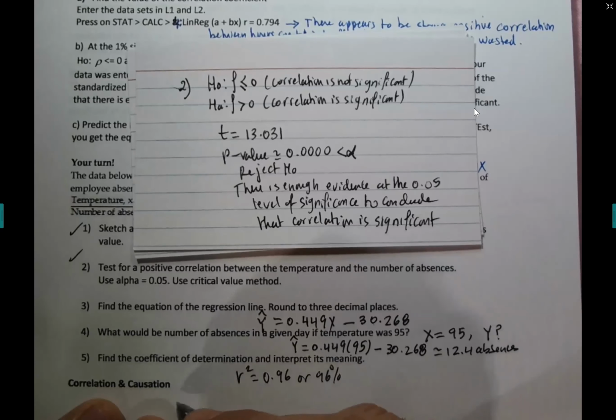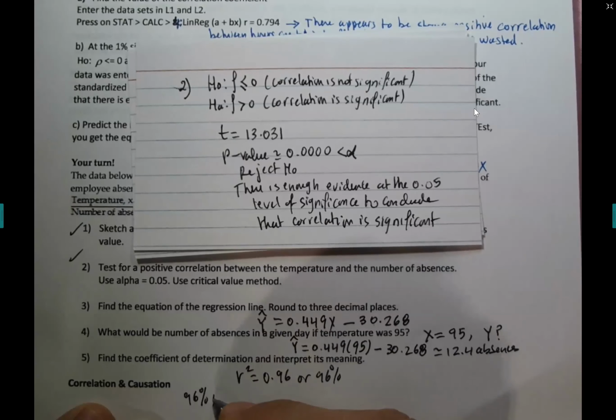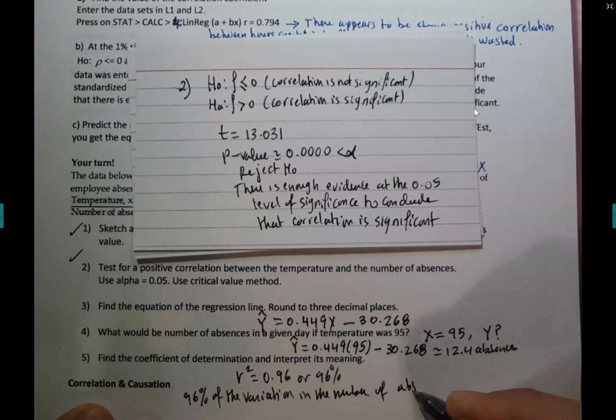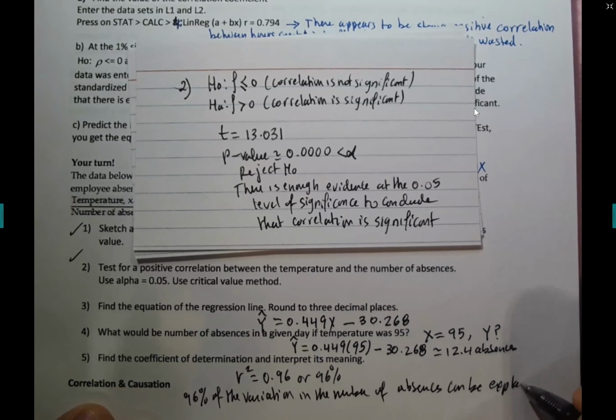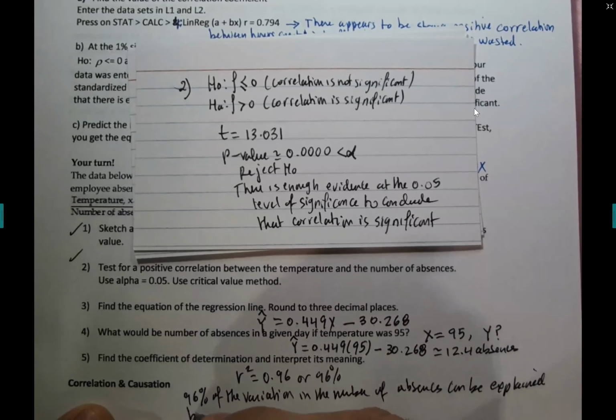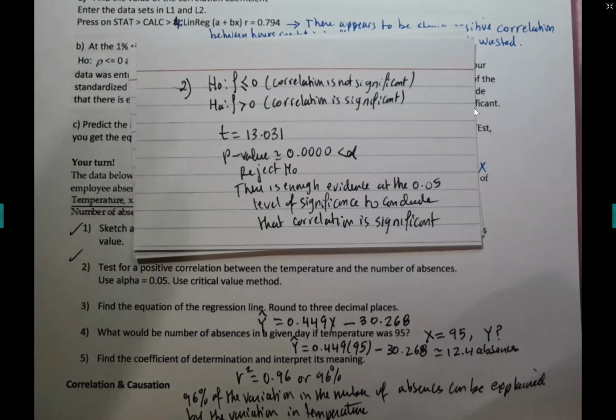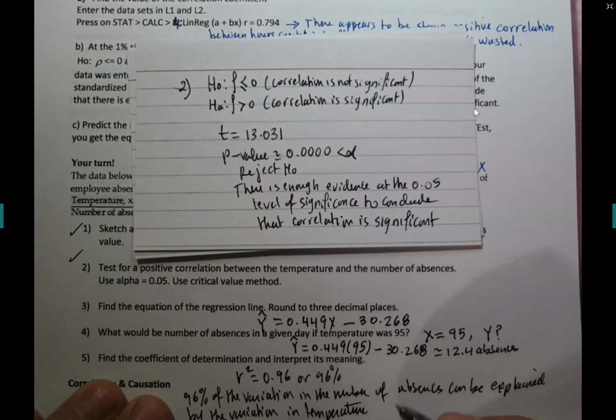So you're right. 96% of the variation in the number of absences can be explained by the variation in temperature. So 96% of the time, employees are absent because of the temperature outside, using the regression line.